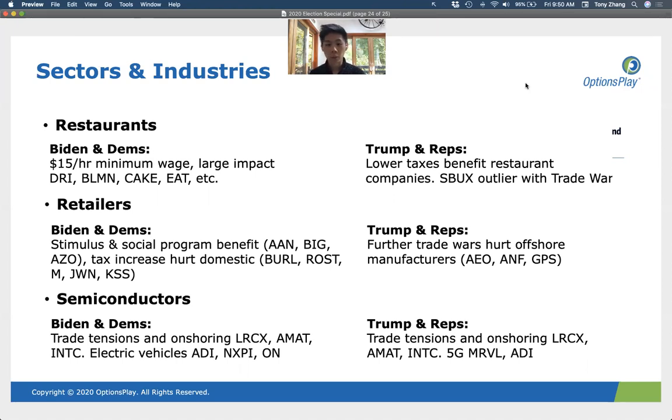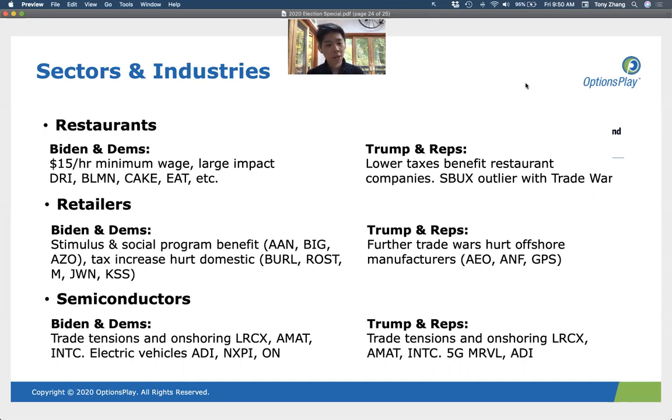Further trade wars with China will likely be a net underperformer for names like Starbucks that have a large number of stores in China, almost 5,000 stores planned. If we get into further trade wars with China, Starbucks is going to be exposed on that front.